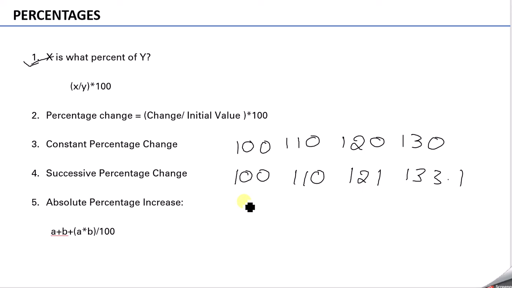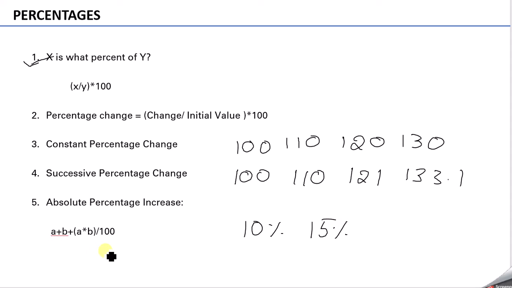Next we will see absolute percentage change. Say, for example, you are given a percentage change that has been done successively, first a 10% rise and then a 15% rise. What is the aggregate of this? After these two percentage rises, what is the aggregate percentage increase on the article?